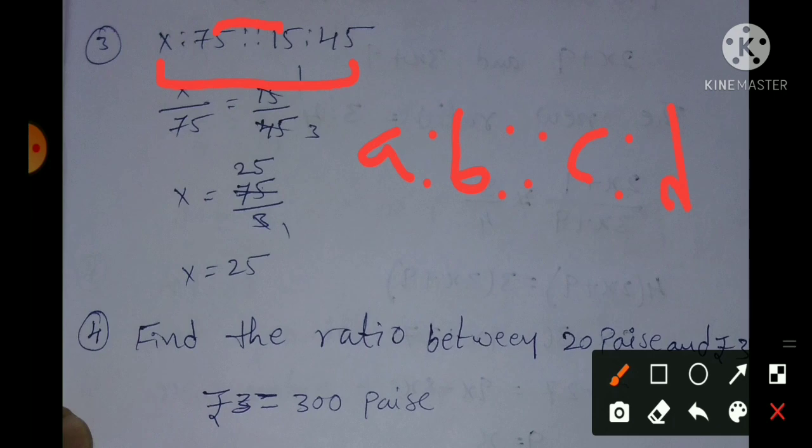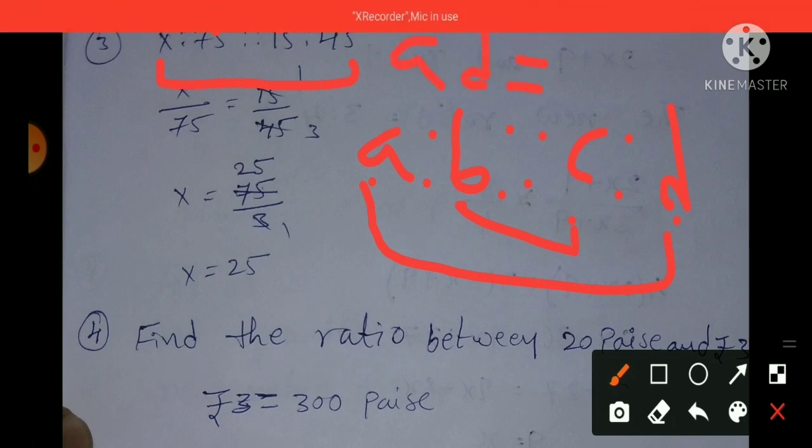Then this A and D are called extremes, B and C are called means. So now the product of extremes is A into D, then the product of means is B into C. So the formula is AD equal to BC.